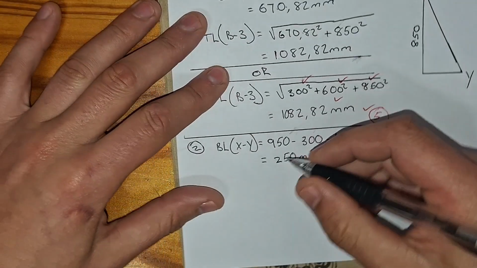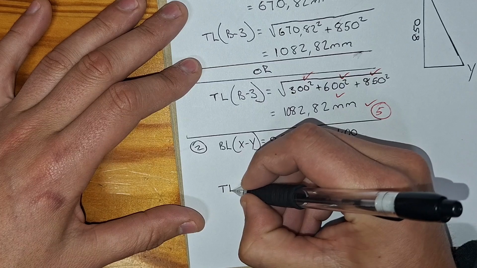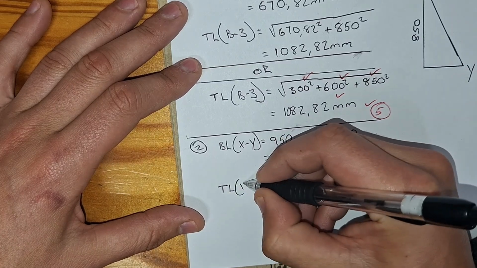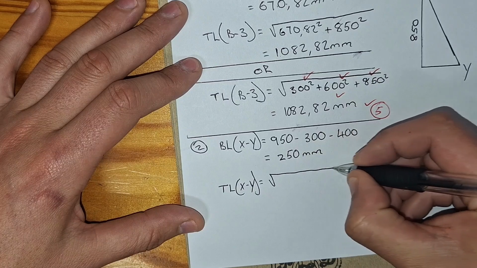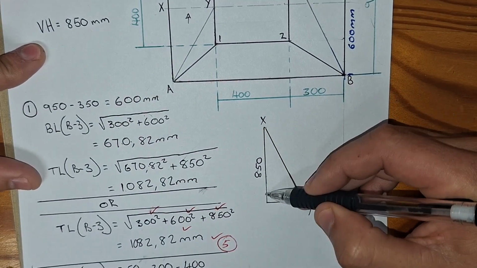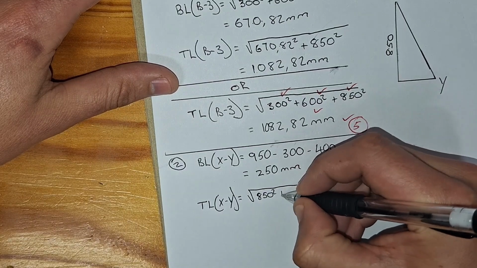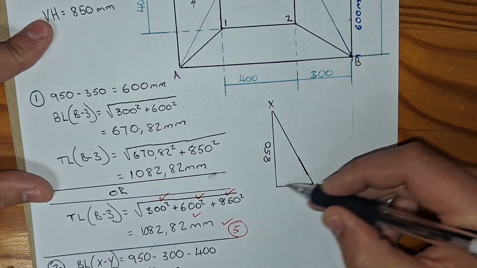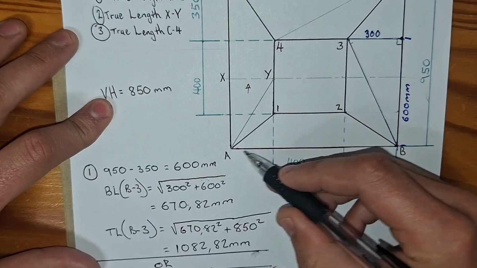So write down what you are going to calculate. True length TL XY equals the square root of the vertical height, which is 850 squared, plus the base length, which is 250 squared, which is this distance over here.